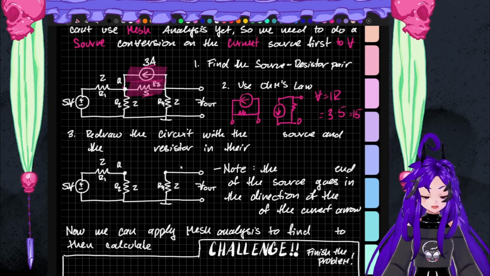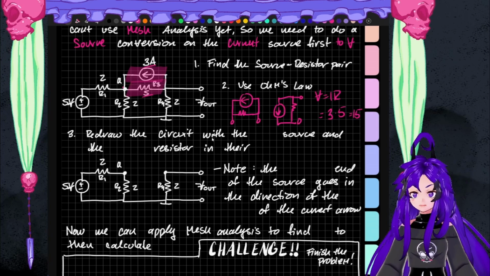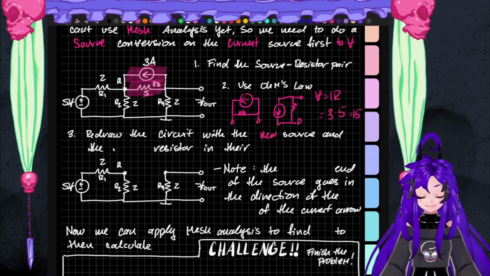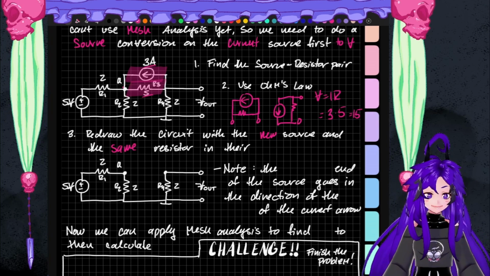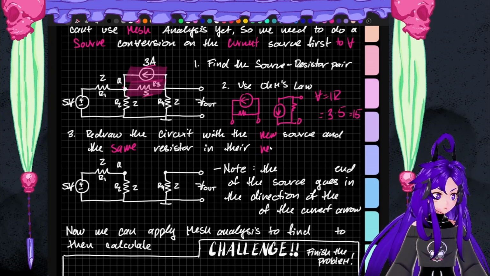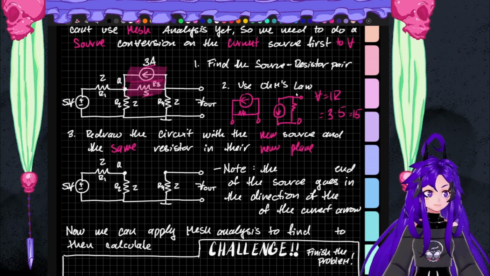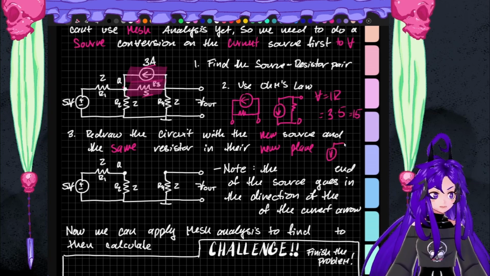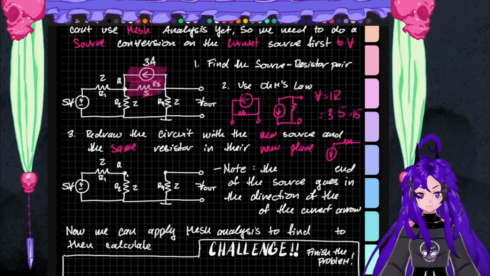So now we need to redraw the new source with the same resistor. All right, so that feels really weird in their new place. So now that we have this voltage, we can redraw this as a voltage in series with a resistor.